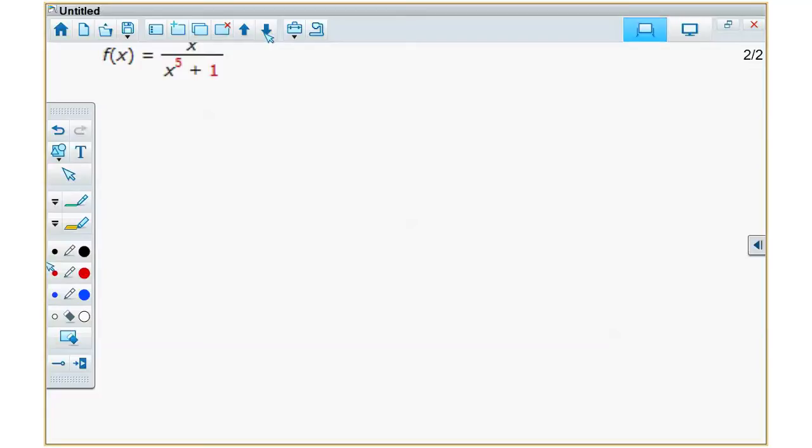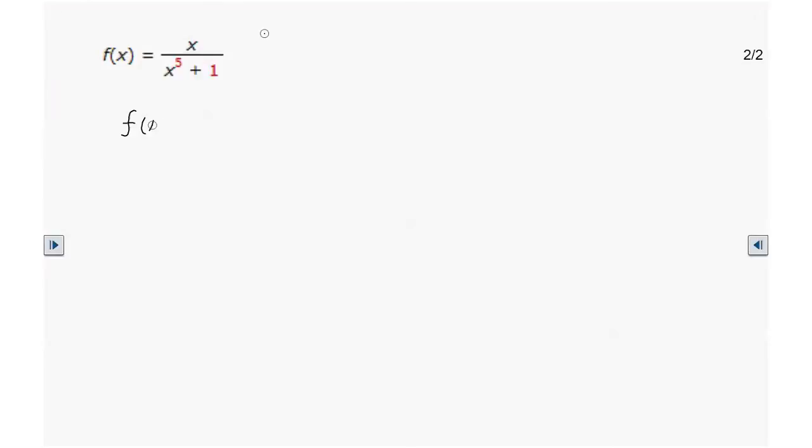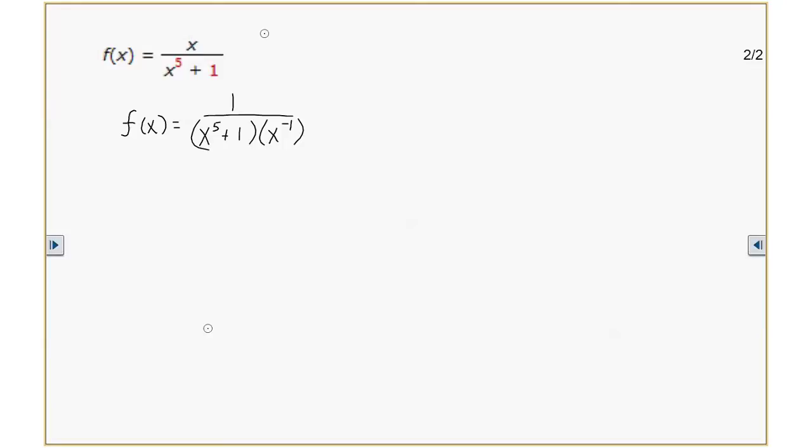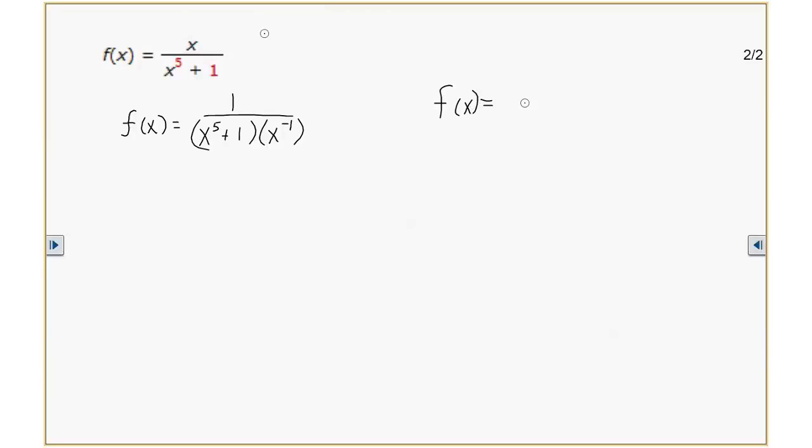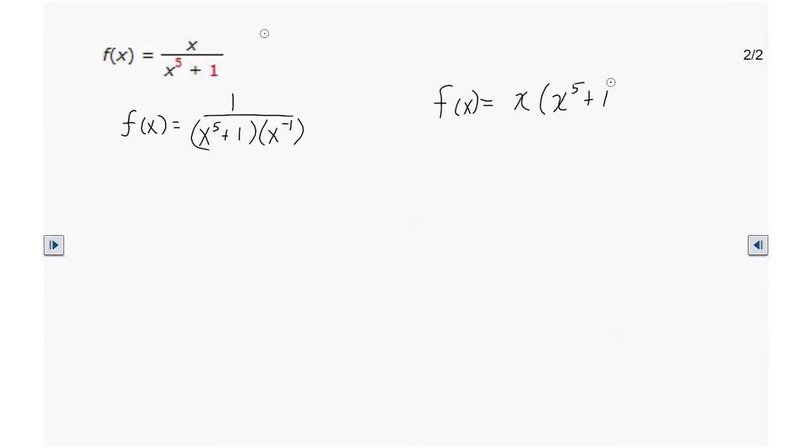All right, this one you can bring it up or you can bring it down. f of x is equal to 1 over x to the fifth plus 1 times x to the negative 1. You can do that. Or you can do f of x is equal to x times x to the fifth plus 1 to the negative 1.